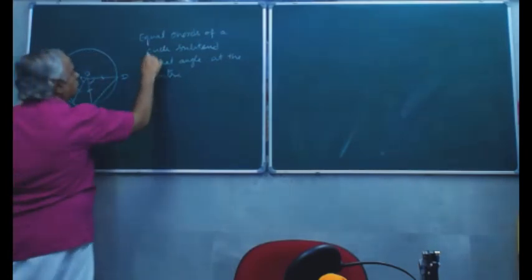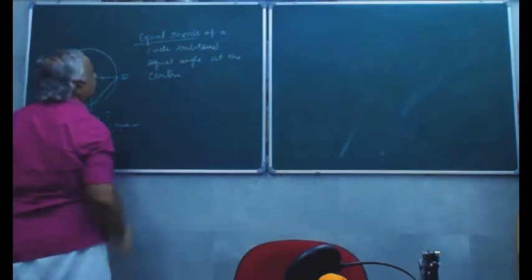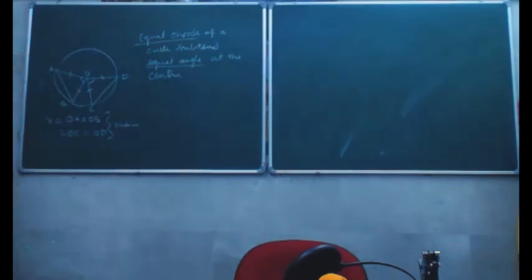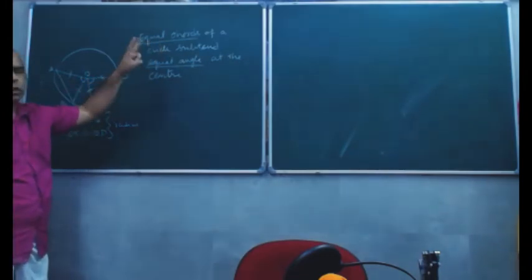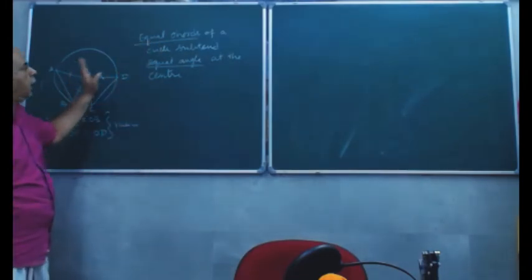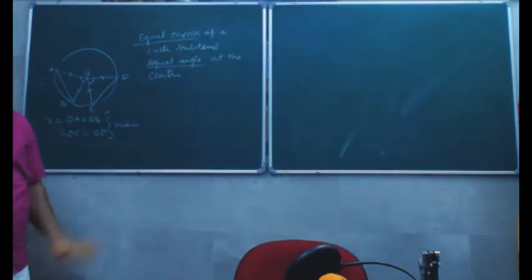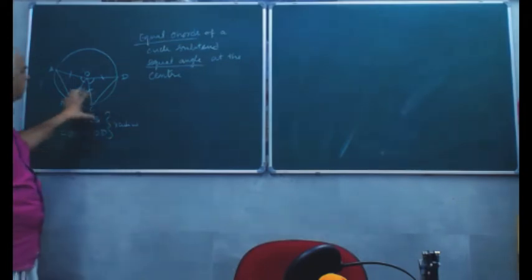So which are the keywords? Equal chords and then equal angle. These are very important. So in a circle, when you have two equal chords, they have equal angles at the center. So this is the theorem. We need to prove it.